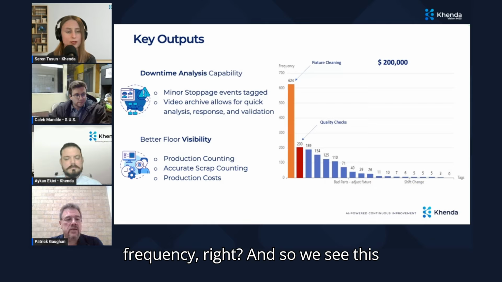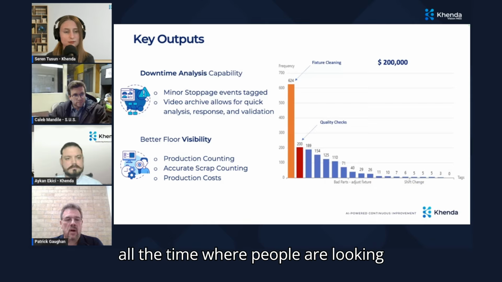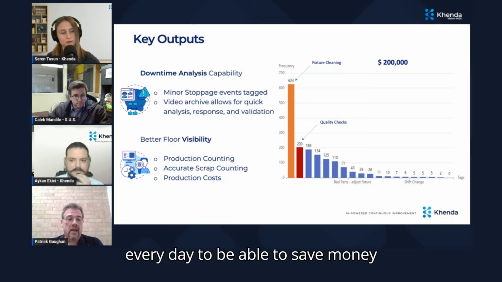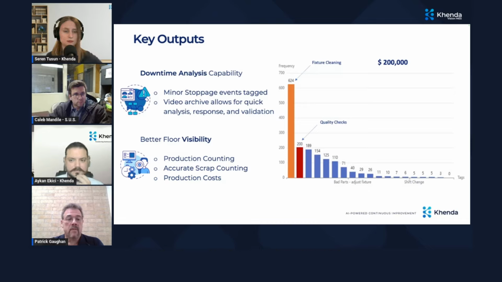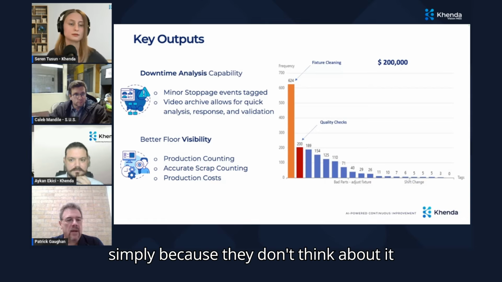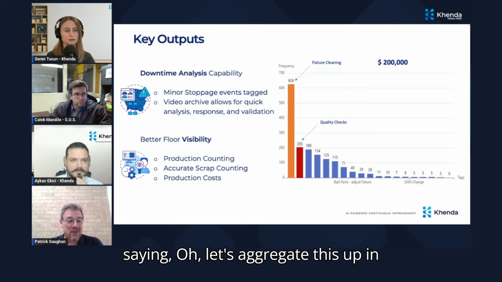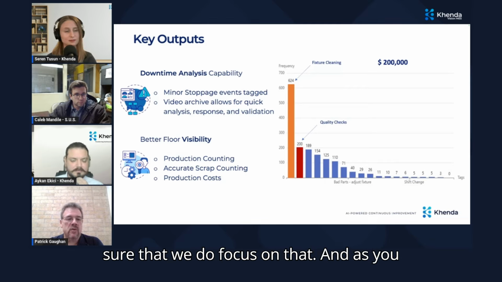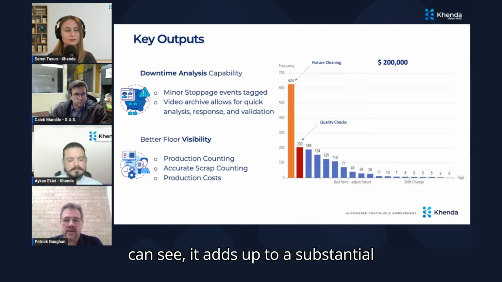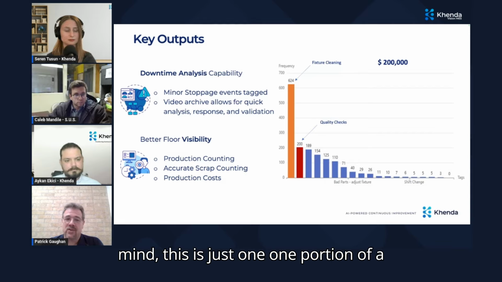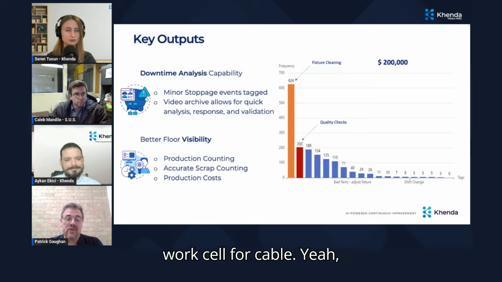We see this all the time, where people are looking past opportunities all day, every day, to save money simply because they don't think about it the way the AI model does, saying, let's aggregate this up in terms of time and value and make sure we focus on that. As you can see, it adds up to a substantial amount for any business. And keep in mind, this is just one portion of a work cell for Caleb. Yeah, exactly.